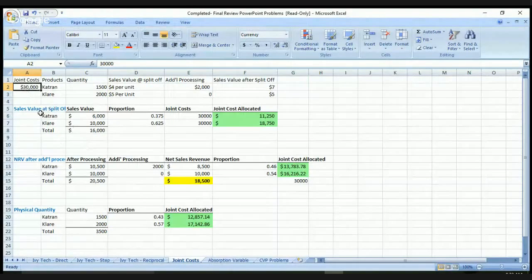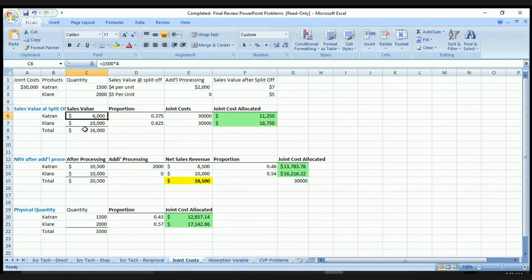Now, the first one, the sales value at split off. Basically, what I'm going to do is determine what is my sales value. Well, for the Catran, it's $4 per unit. We made 1,500 units. So I'm going to take that 1,500 times 4, and that's how I get the 6,000. Then I'm going to take the 5 times the 2,000.